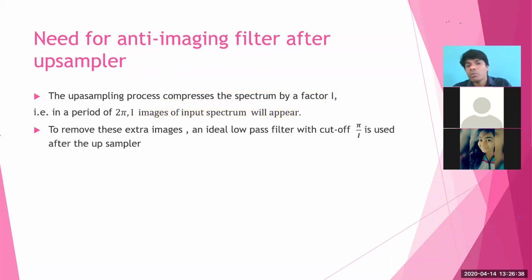So what should be the cutoff of this anti-imaging filter? Obviously it's a low pass filter. The cutoff should be pi by I. If your interpolation factor is I, then the cutoff should be pi by I. This is in contrast to the decimator, which uses a low pass filter with cutoff pi by D.